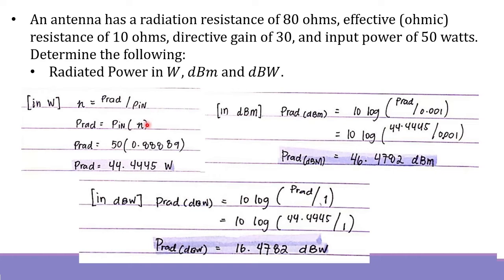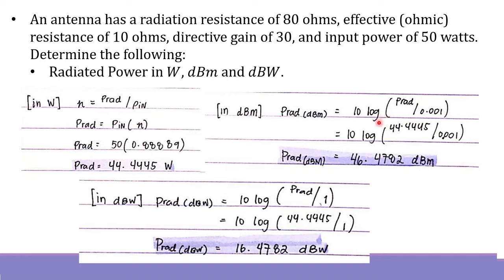Just substitute for the input power 50 watts times 0.8889. We will have the radiated power is equal to 44.4445 watts.